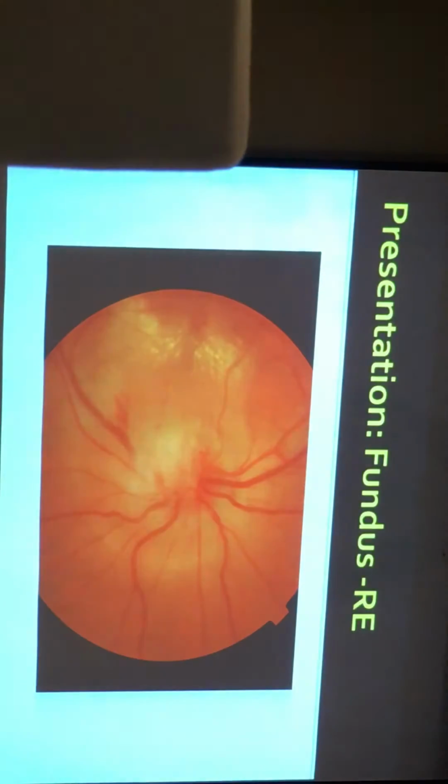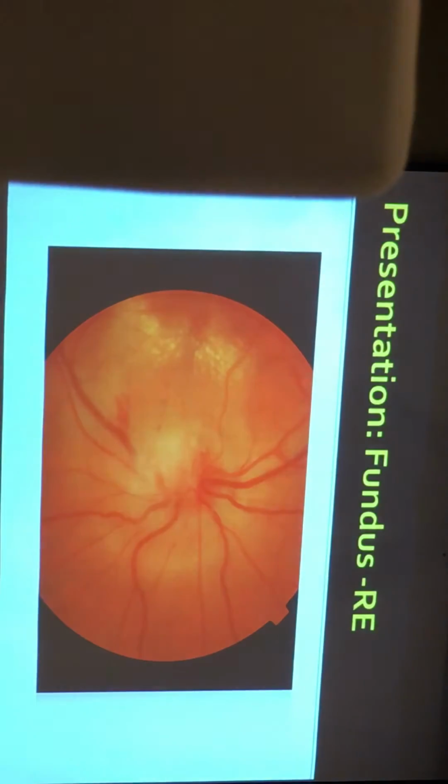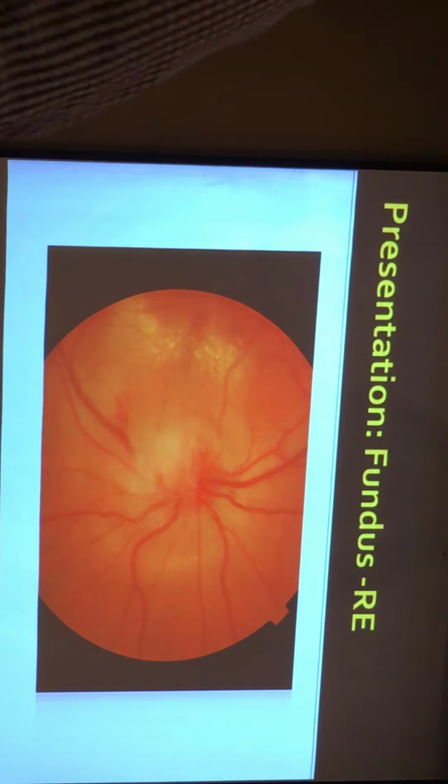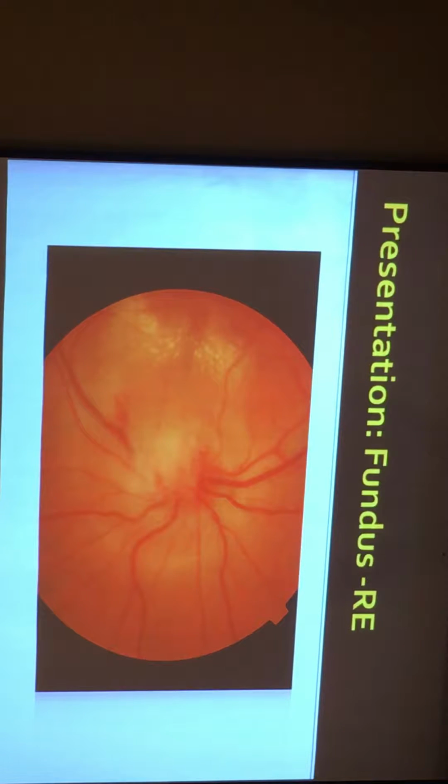Okay, so looking at this disc, you see the configuration of these hard exudates, which fits more with, are we looking at a neuroretinitis? Neuroretinitis is where you have inflammation of the optic nerve head.